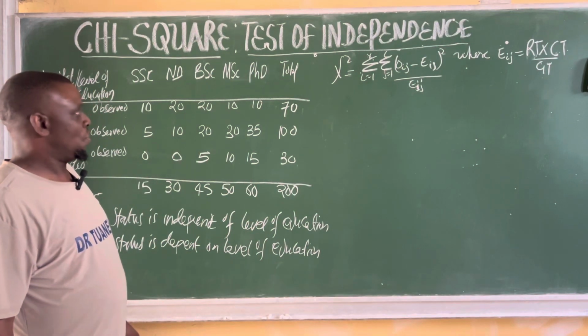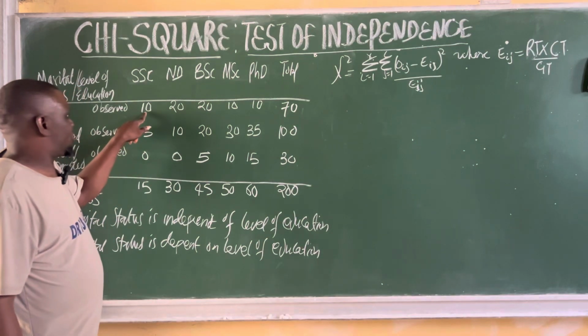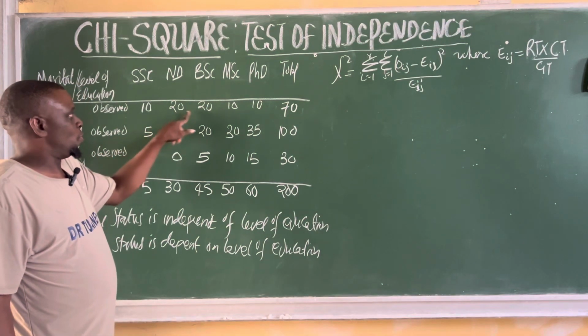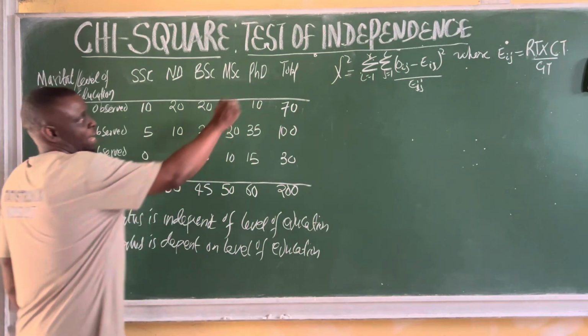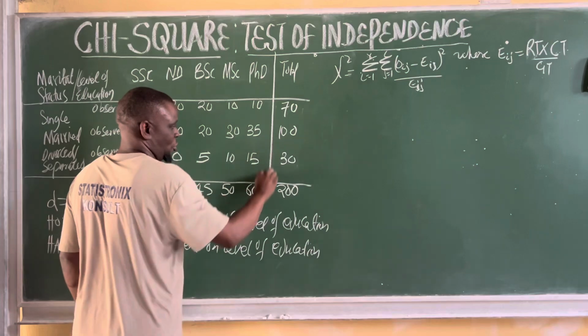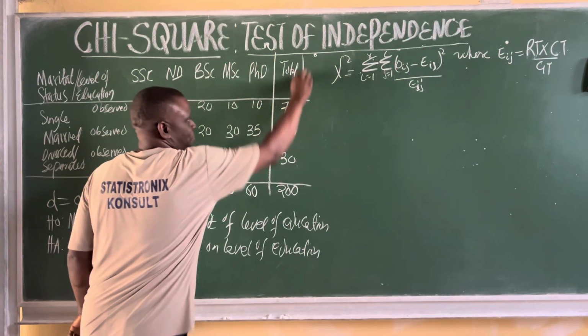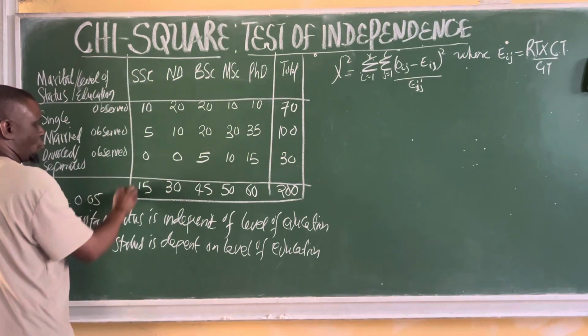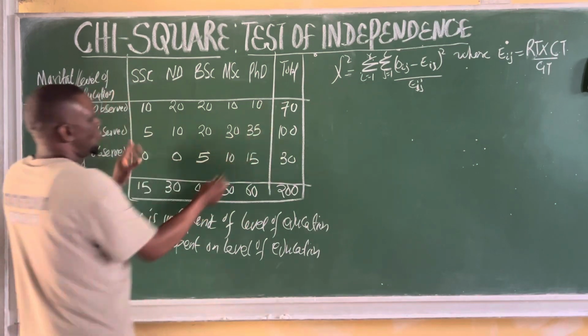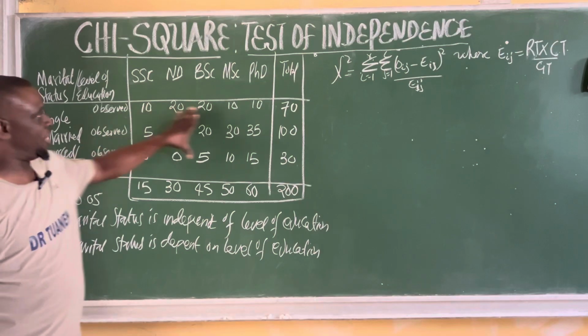Okay, now let's call this cell 1, cell 2, cell 3, cell 4, and cell 5. Remember that we have just computed this column, so our concentration is here.